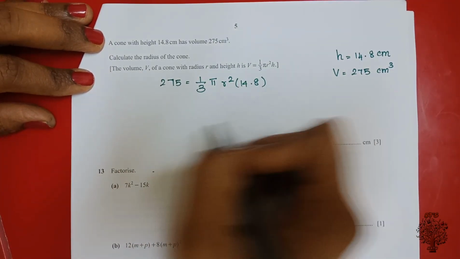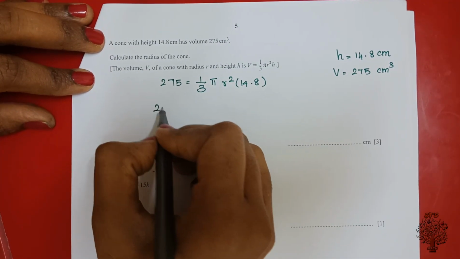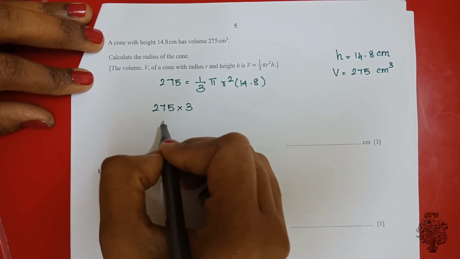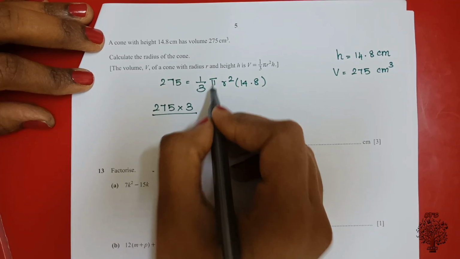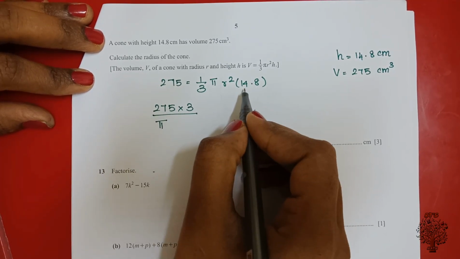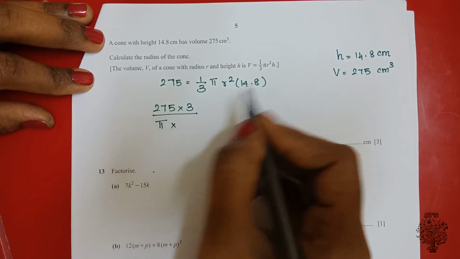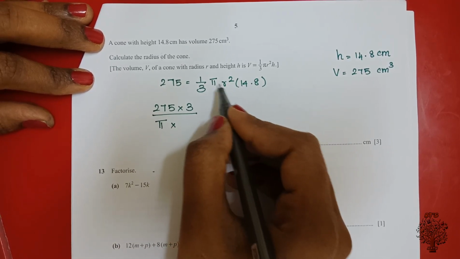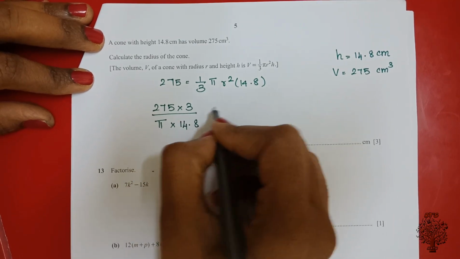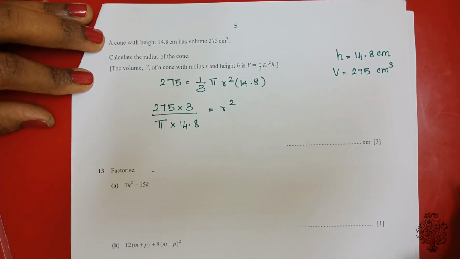Now move all the known terms to the other side. I'll write 275. 3 is in division, which will go as multiplication, divided by pi was in multiplication, which will come to the denominator, and 14.8 is also in the numerator as multiplication with r square. When you take to the other side, it will become division, is equal to r square.